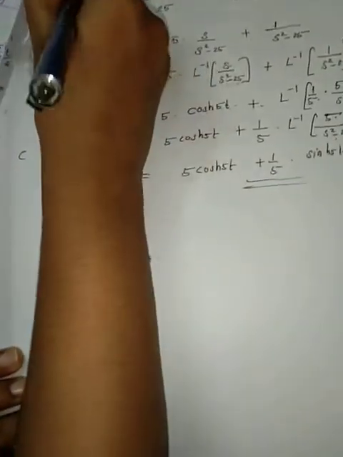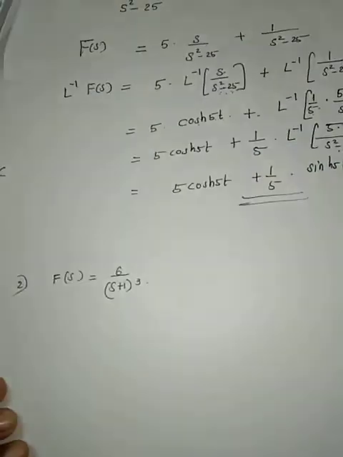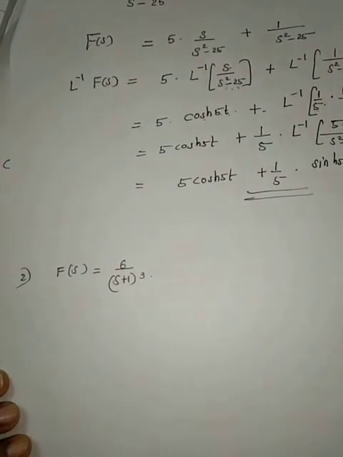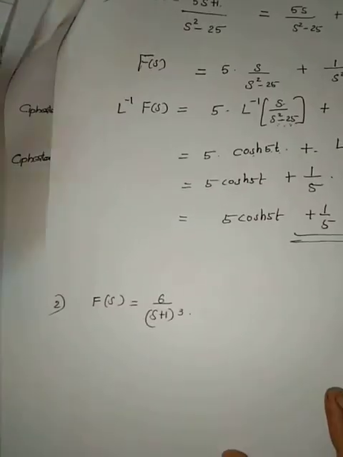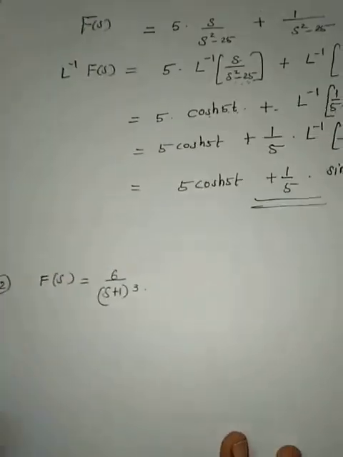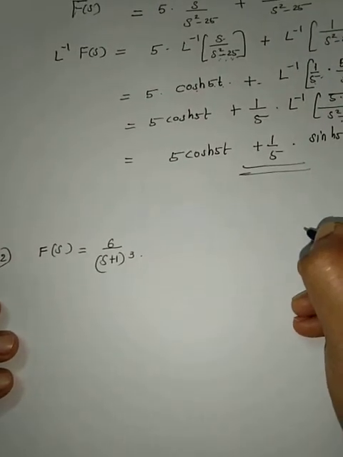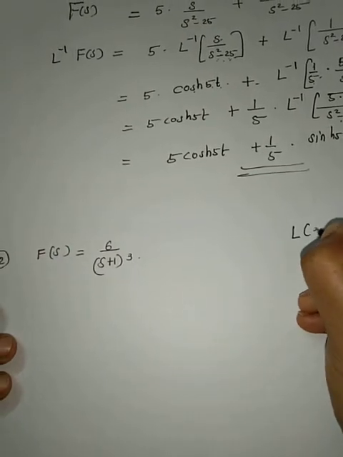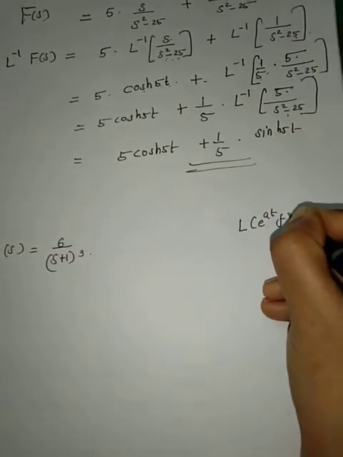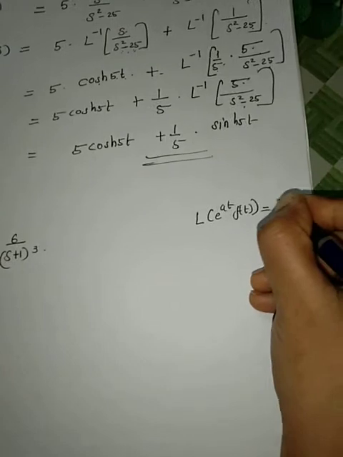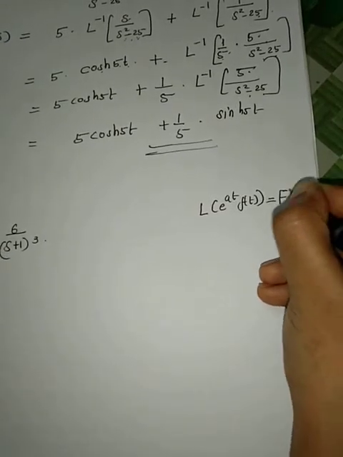Then the next problem is to find the inverse transform of F of s equal to 6 divided by s plus 1 all cube. Before that, we know the shifting property: L of e raised to at into f of t is equal to F of s minus a.